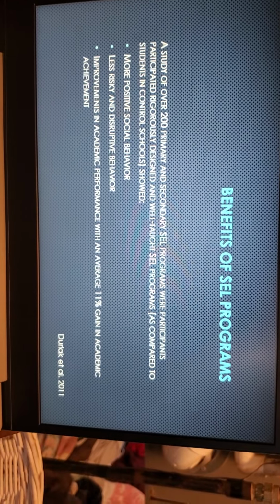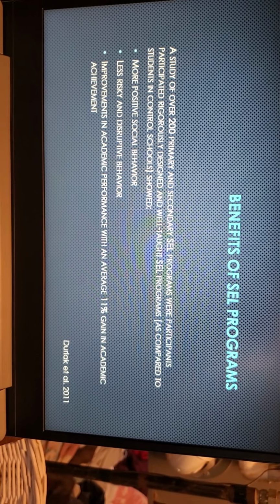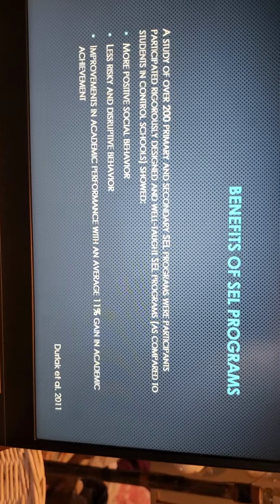And then here are a few of the benefits that I found from SEL.